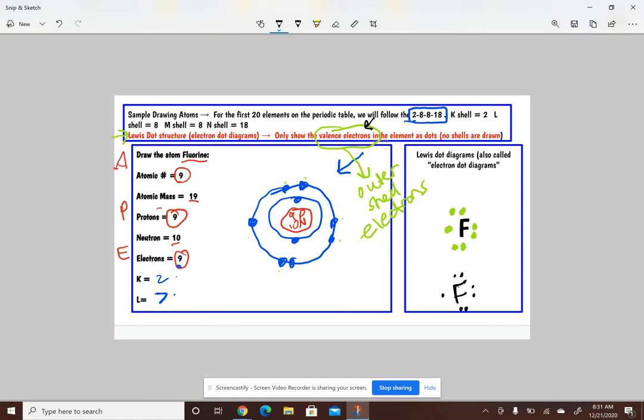So that would be my Lewis dot diagram. Okay, so that is how to draw an atom first, and then how to draw a Lewis dot diagram of that same atom.